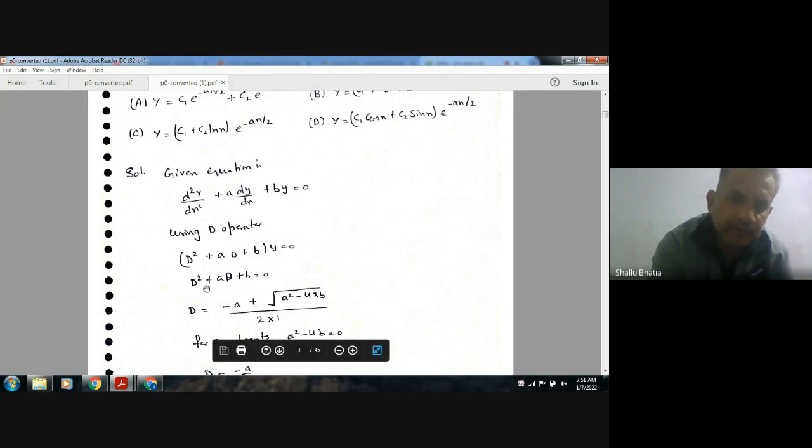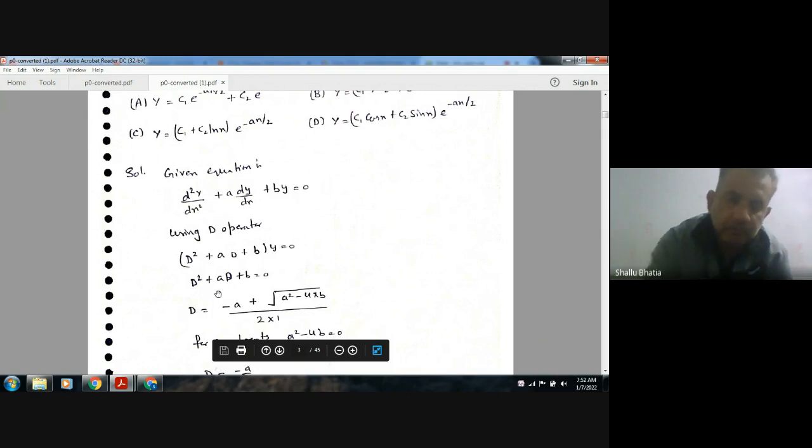Now finding the value of d: d is minus a plus or minus root a square minus 4b by 2, using the quadratic formula to find the roots.